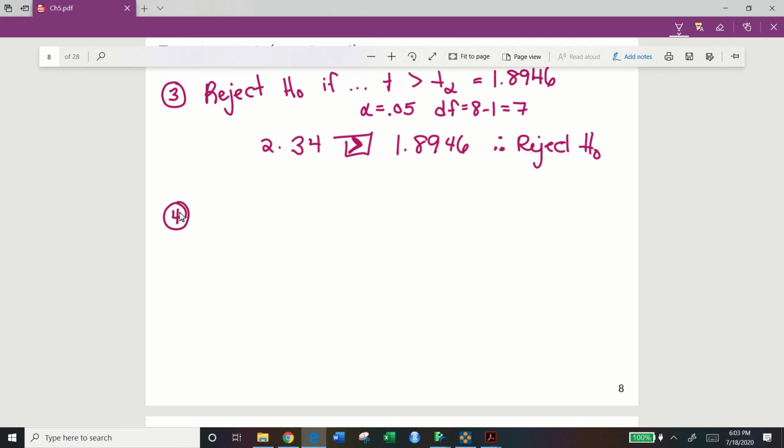This brings us to our final and most important step, our conclusion. So we will say at 5% significance level, we reject the null hypothesis.